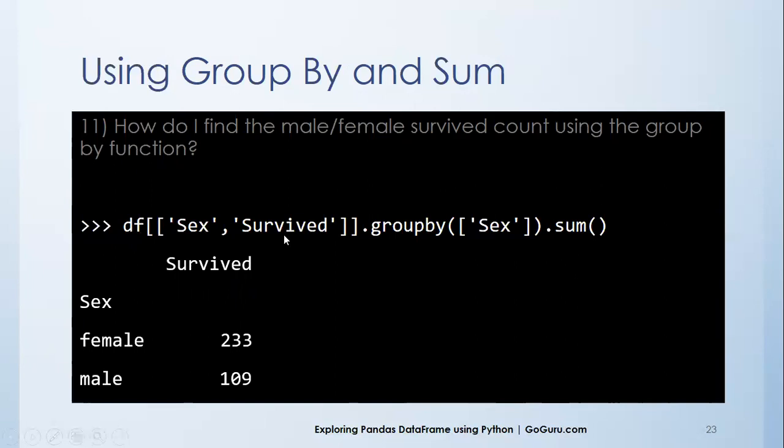And once you get that, you're saying you want to group the results by sex and sum it up. So this will give you results like, okay, these are the people that survived for sex. This is the male count and the female count grouped by the sex. Okay.